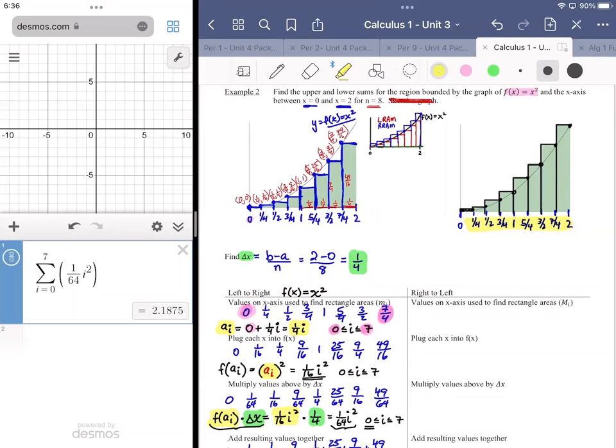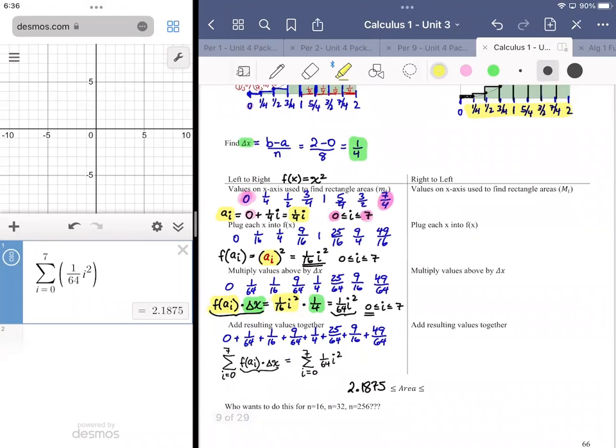But if we go through the same progression, we could do it by the numbers, the 1/4, 1/2, and so on, but then we would throw on a 2 at the end. So it's like, all right, well, let me take all these values, but then throw on a 2.